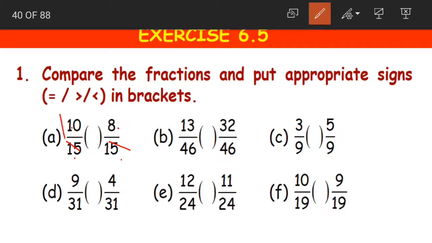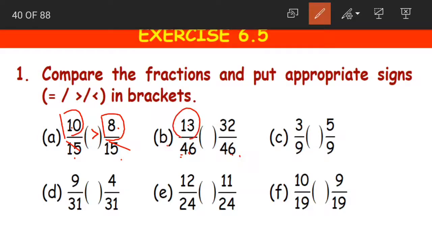The denominators are the same. When we compare the numerators, 10 is greater than 8. So 10 by 15 is greater than 8 by 15. Again question B. We have 13 by 46 and 32 by 46. Again the same, children, these are like fractions with the same denominators.